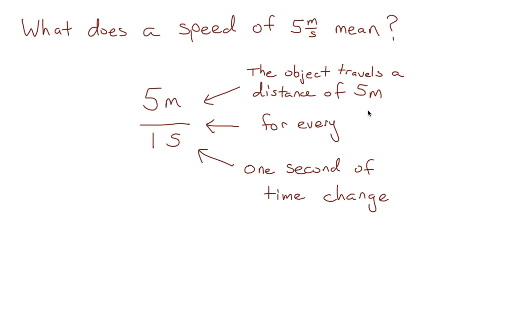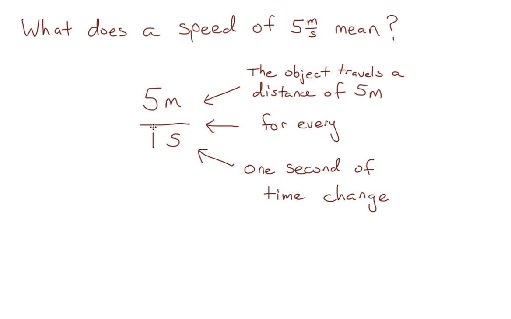And really quick here at the last slide, what does a speed of 5 meters per second mean? In fact, how do you read any of these ratios where you have something with dissimilar units? We have meters in the numerator, we have seconds in the denominator. And for a speed of 5 meters per second, we read this from top to bottom. This number tells you how much distance the object traveled.